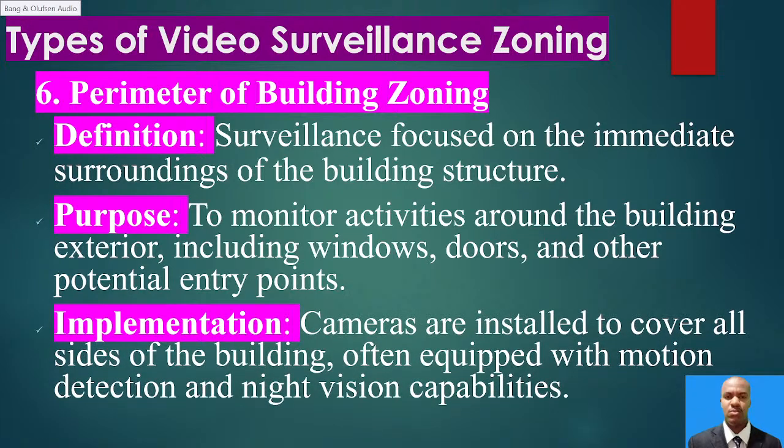Then you have the implementation. Cameras are installed to cover all sides of the building, often equipped with motion detection ability and night vision capabilities. So here you install cameras that are able to detect motion and have the capability of night vision.